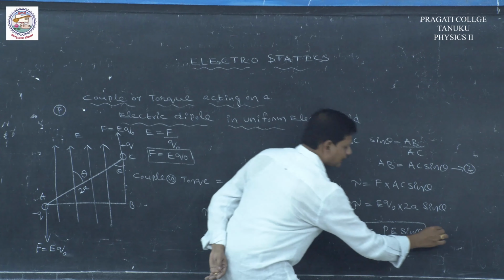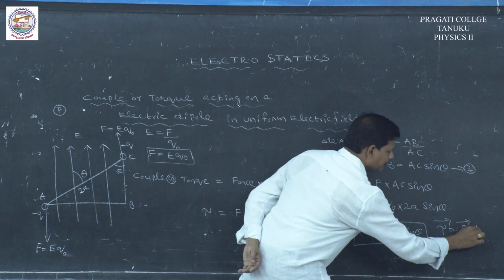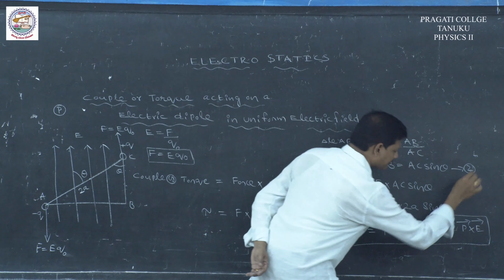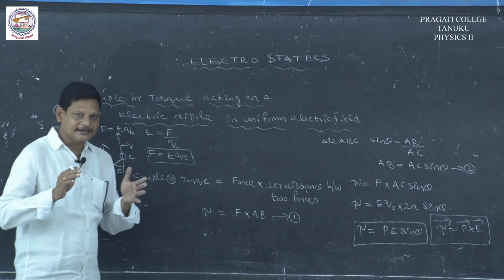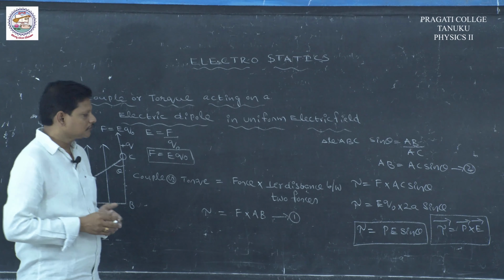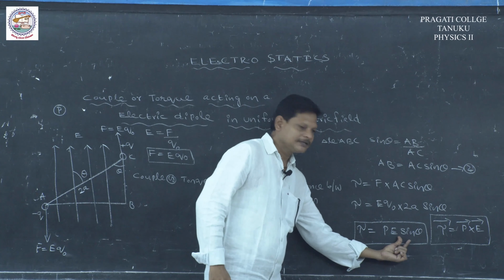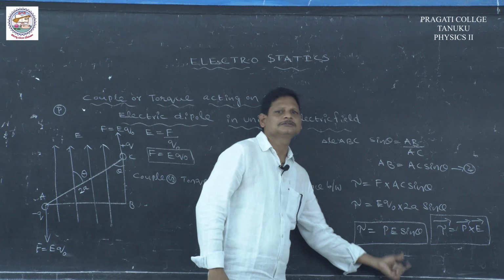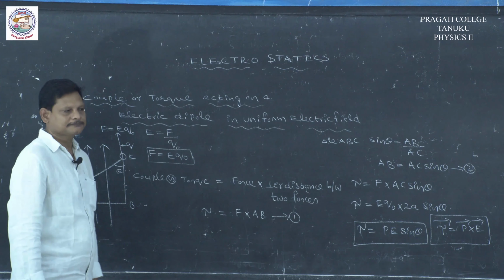So, in vector form, tau bar is equal to P bar cross E bar. This is the expression for couple or torque acting on an electric dipole in a uniform electric field. It is maximum when theta is equal to 90 degrees, and it is 0 when theta is equal to 0.